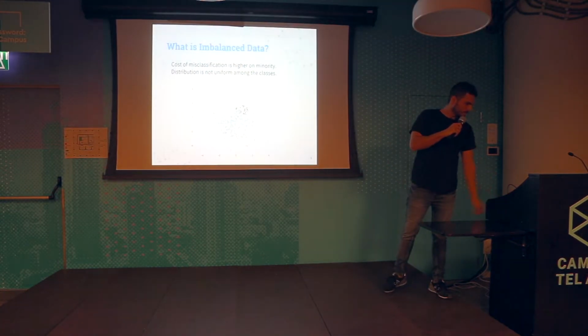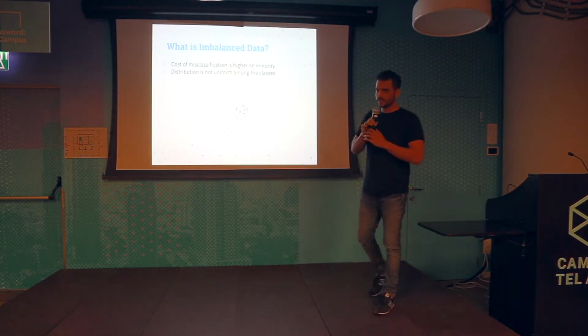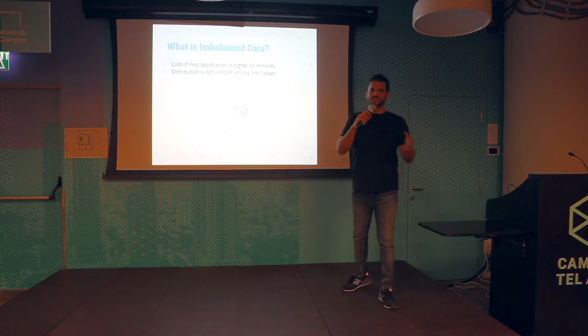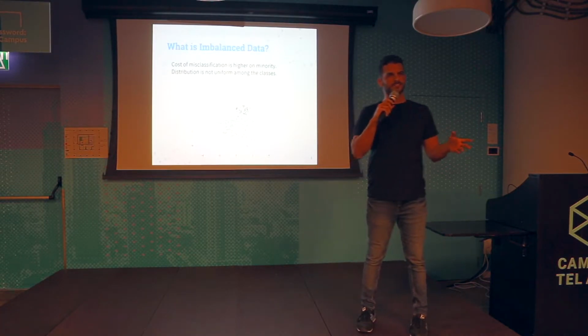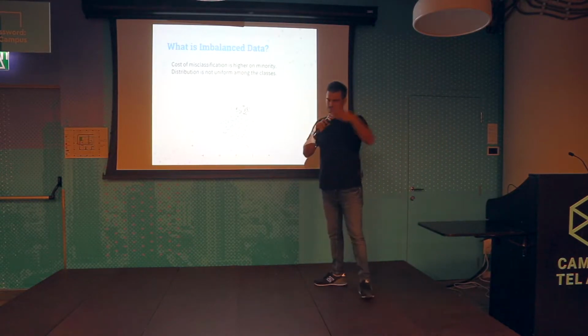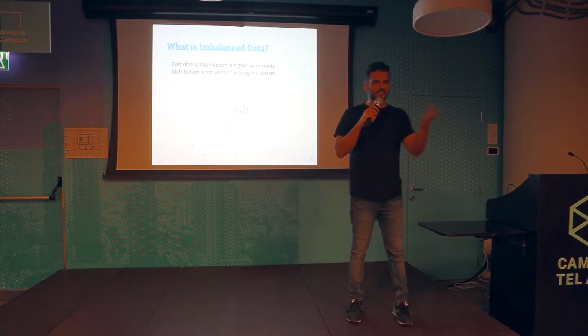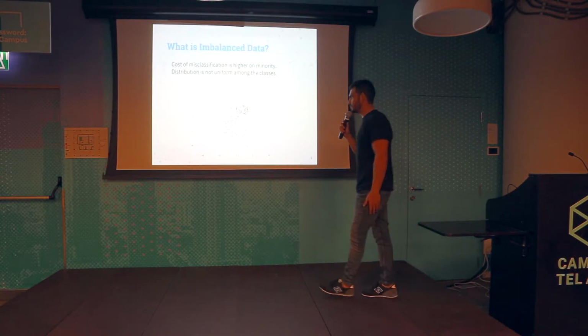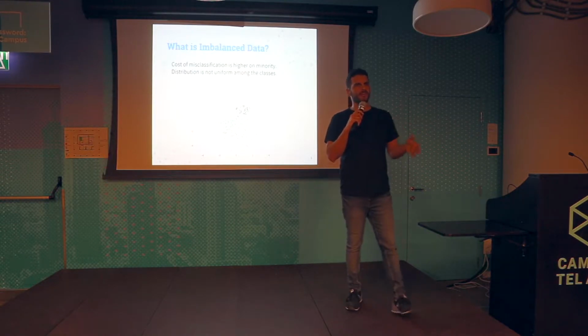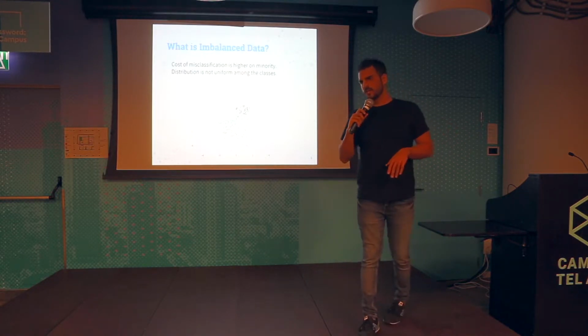So what's imbalanced data? Basically, imbalanced data is a case in which we have a classification. It doesn't have to be a binary classification, it doesn't have to be 0 or 1. You can have multiple classes, like in the iris data set, if you guys are familiar with it. But for this talk, we're going to focus on binary classification, 0s and 1s.